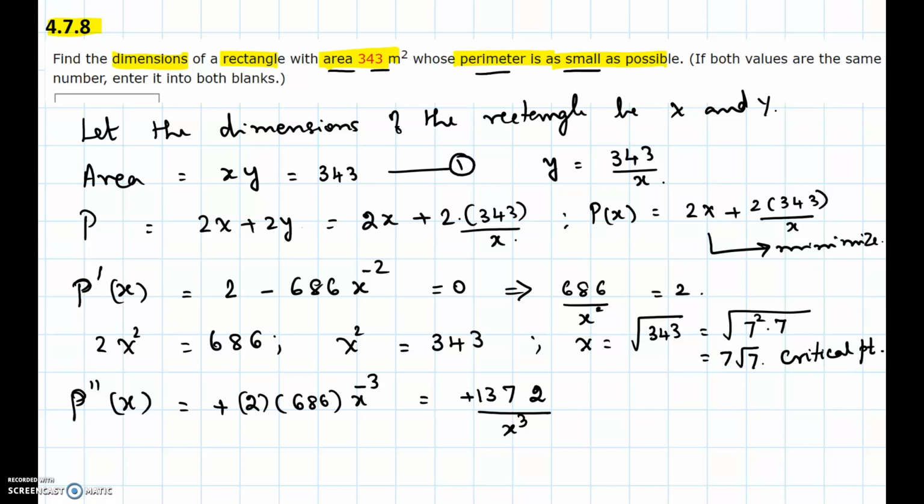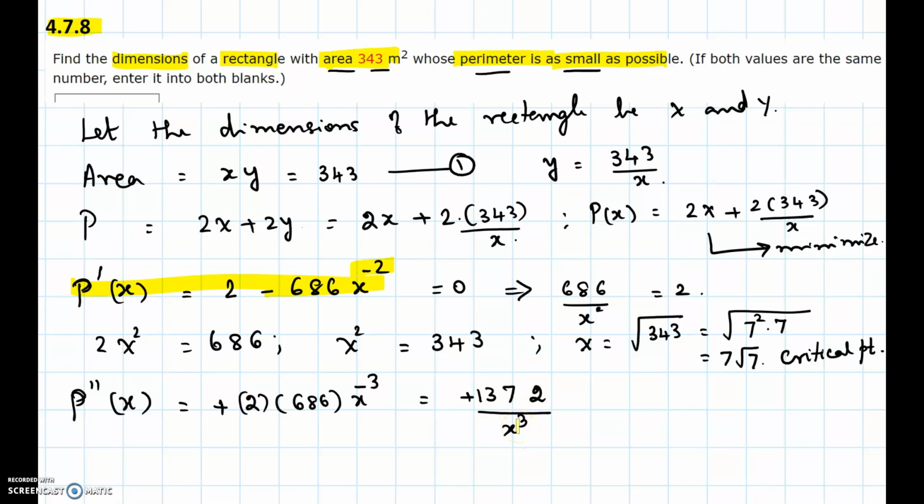We have to take the derivative of the first derivative, which is this line. So p double prime x would be equal to derivative of 2, that will be 0. Here it will be negative of negative 2 times 686 x to the negative 3. That will be the second derivative. So 2 times 686 will be 1372 divided by x cube.